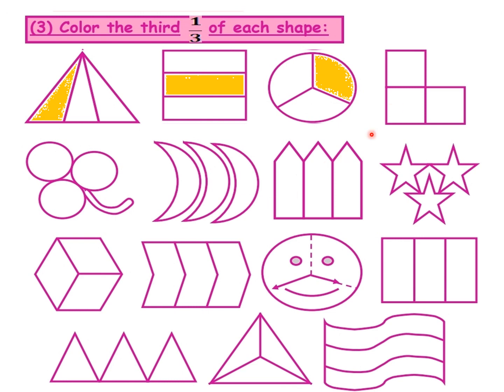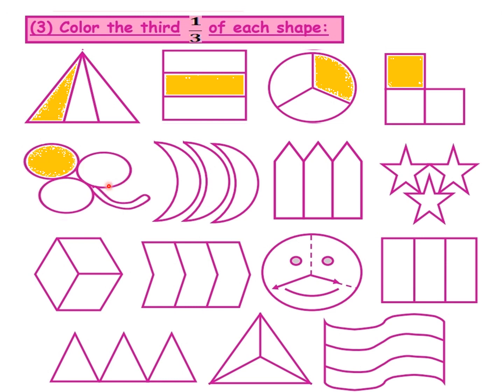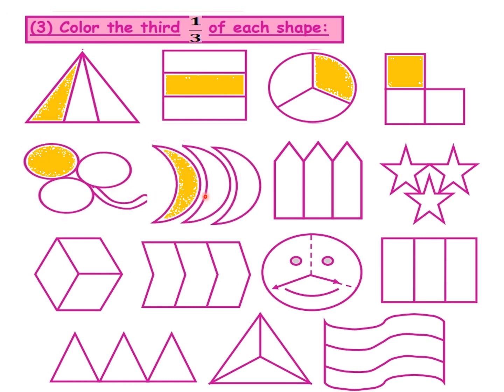I want to color the third of this one, so I color one part only out of three. I want to color the third of this one, so I color one out of three. Third means one out of three.